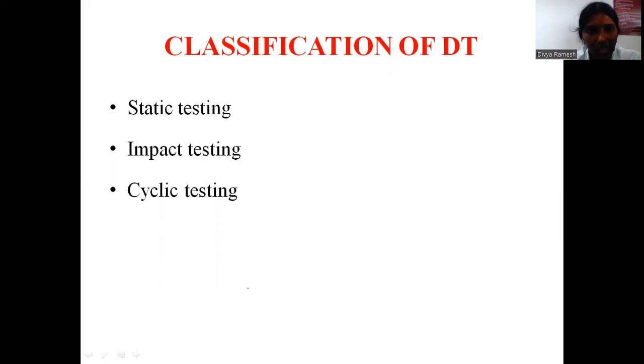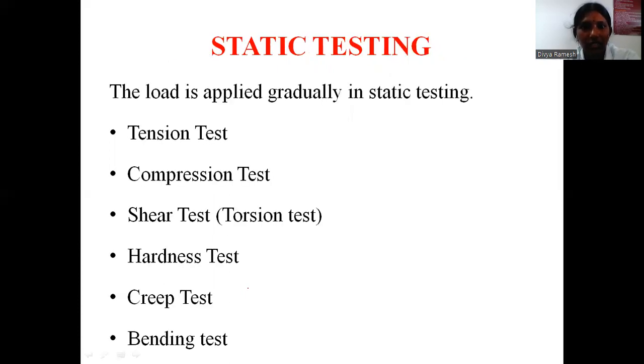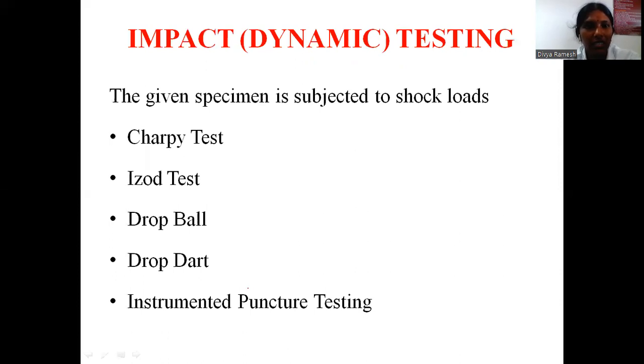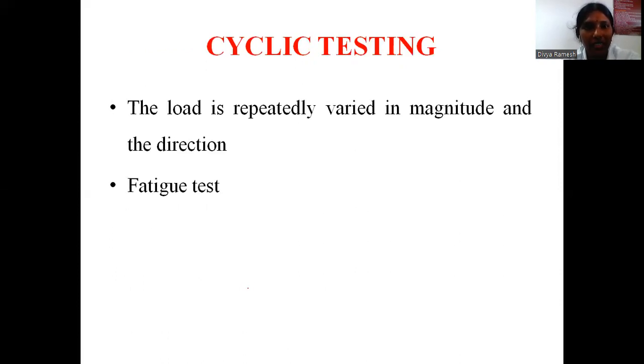The name itself indicates that static means you vary the load gradually, and in cyclic testing, you vary the loads of different magnitude and different directions. That is the classification of destructive testing. These are some examples of static testing, dynamic testing, and cyclic testing.